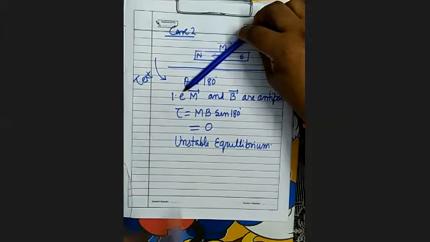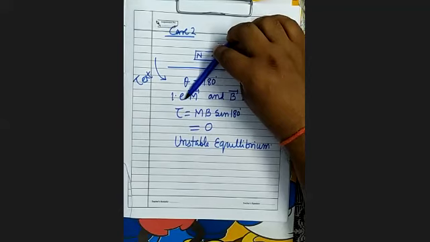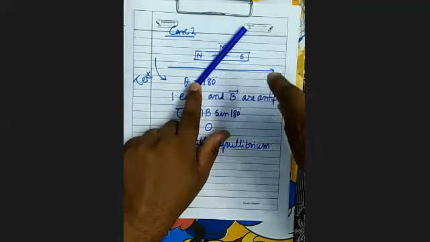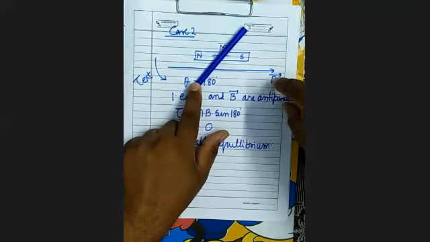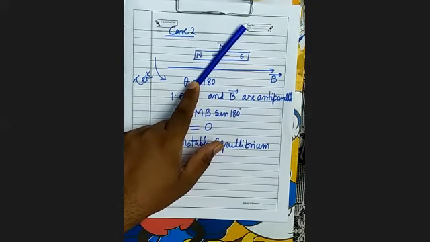Now, if you remove this, will it come back? No, it will not come back. It will acquire a new position due to the torque which acts because of the magnetic field.